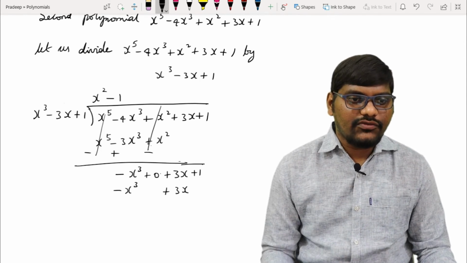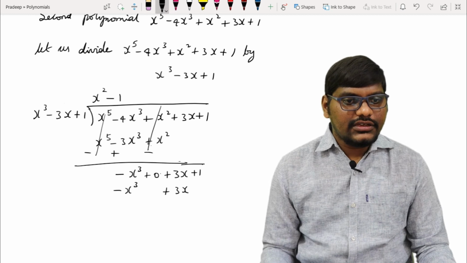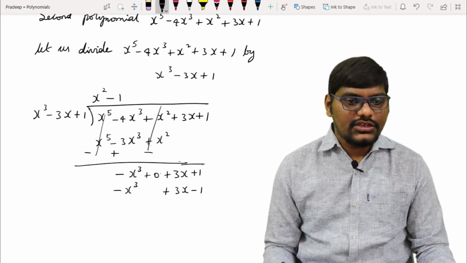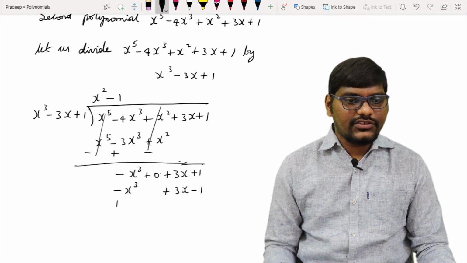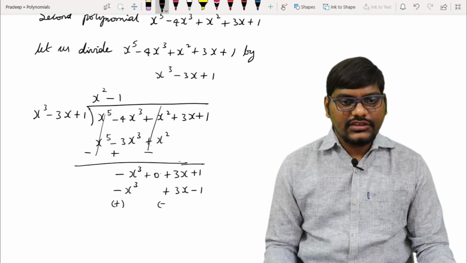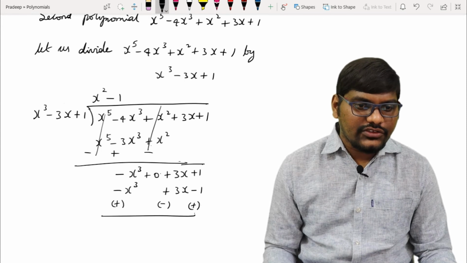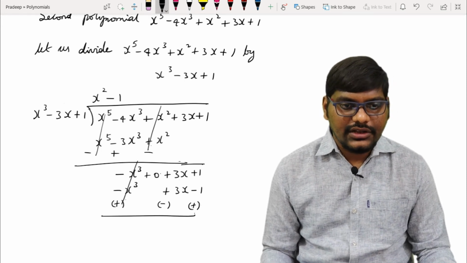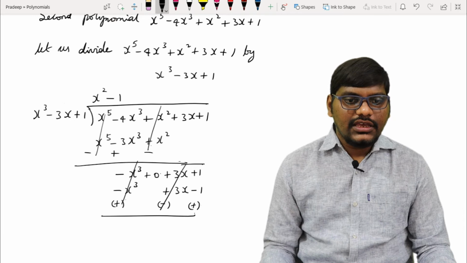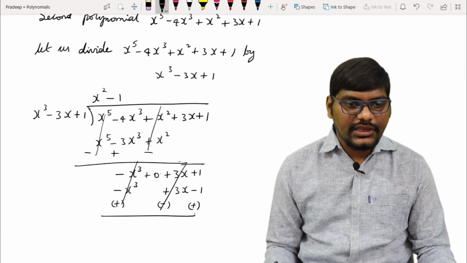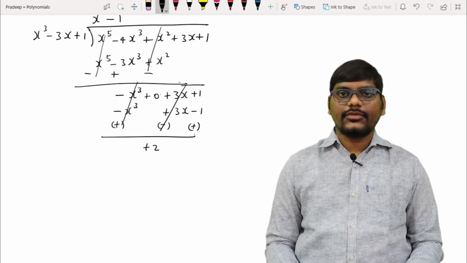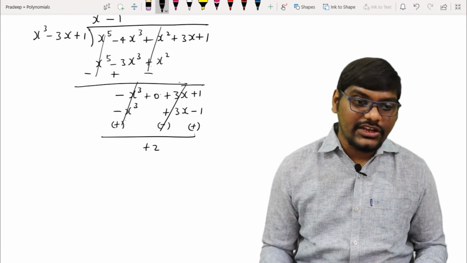Again 1 into minus 1 is minus 1. So we'll change the signs: plus, minus, and plus. Minus x cube plus x cube can be cancelled, plus 3x minus 3x can be cancelled. Plus 1 and plus 1 gives plus 2 as the value. Here we observe that the remainder is plus 2.